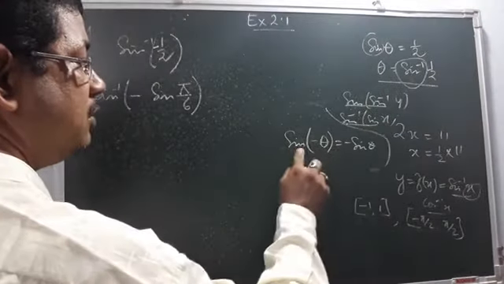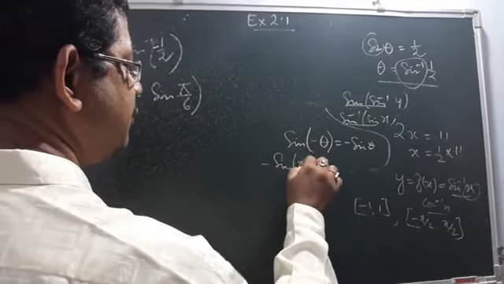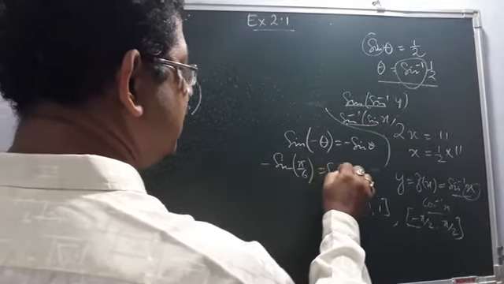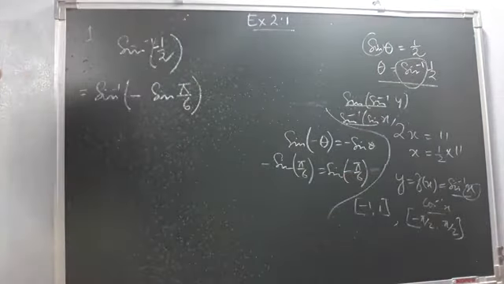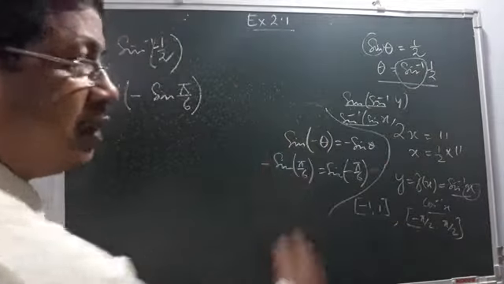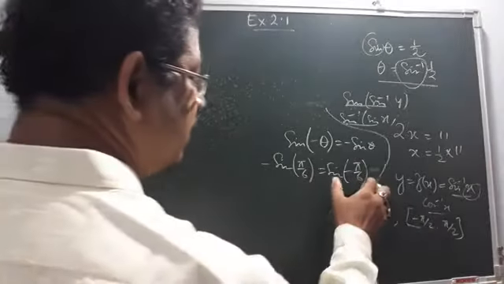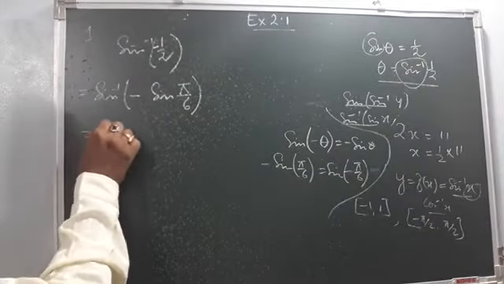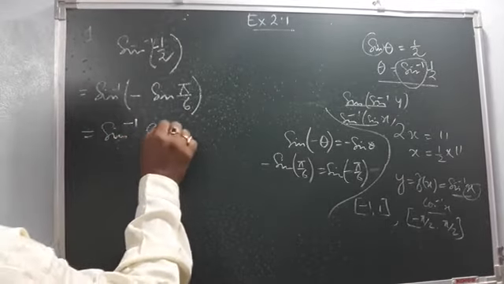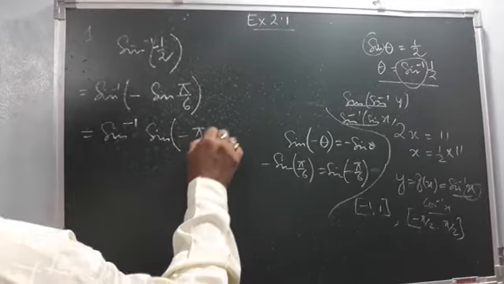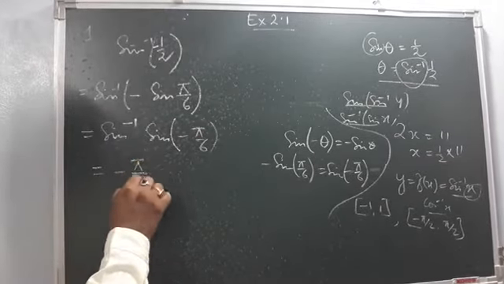So minus sine 30 I can write as sine of minus 30, that is sine of minus pi by 6. So sine inverse and sine, both will cancel each other and we will get only minus 30 as the answer.